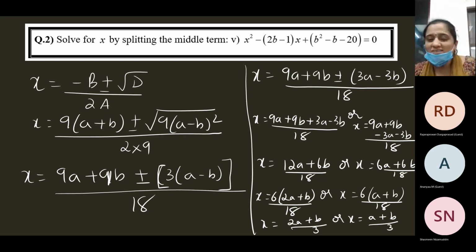Oh, yeah, right. Sorry, thank you. This is plus, I wrote minus. So this will be plus 12b. Yeah, I'm wrong.